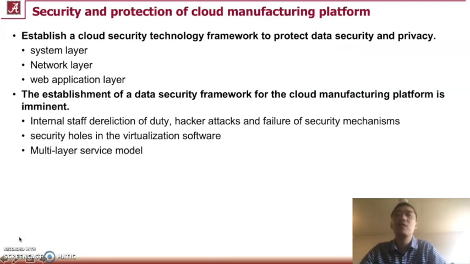A number of factors, such as internal staff negligence, hacker attacks, and the failure of the security mechanism caused by system flaws, prevent users from fully trusting the cloud platform service provider, and the cloud platform service provider cannot provide evidence that convinces the customers to guarantee these data security issues.